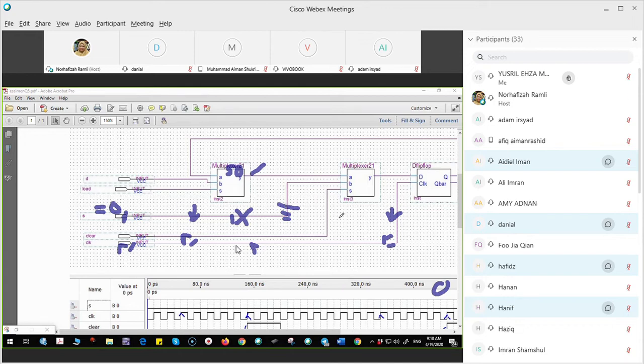When this clear is high, you always want to check this one, and you always want it to be 0. So it's a fixed situation. That is my comment, that's all.